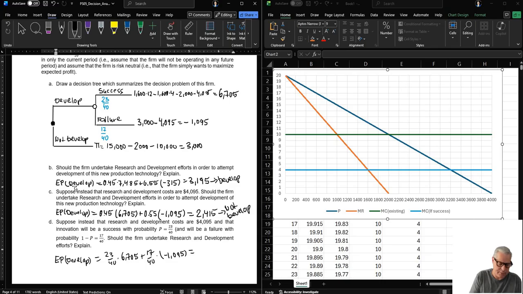Okay, so now it is 3,390, and that is again greater than the 3,000. So in this case we would develop again, because what happened is that we now have a higher probability of success, and now developing is again more favorable.